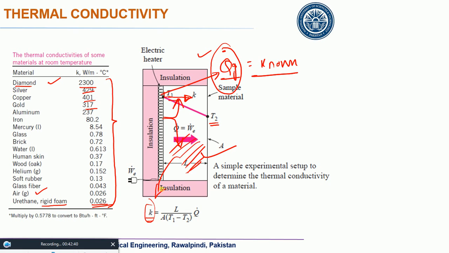So there is a very important point behind this concept: if you put insulation on three sides, you are only allowing the heat to transfer in this direction. And this is one example of a 1D heat transfer phenomenon.